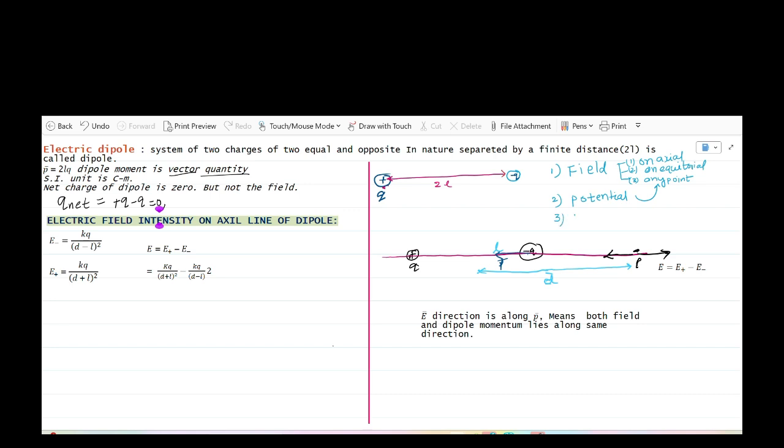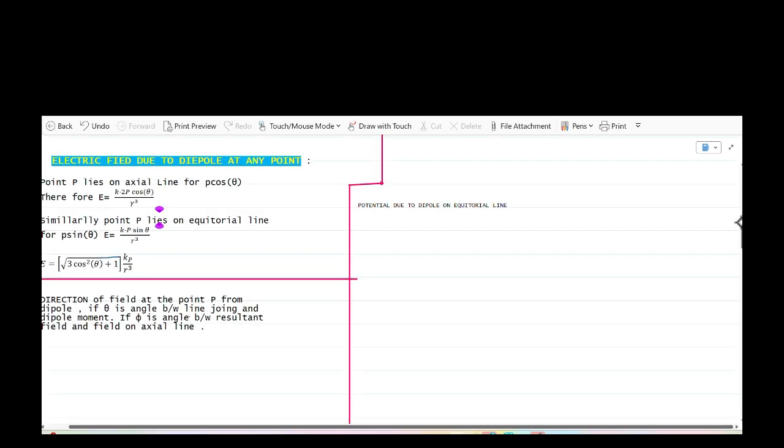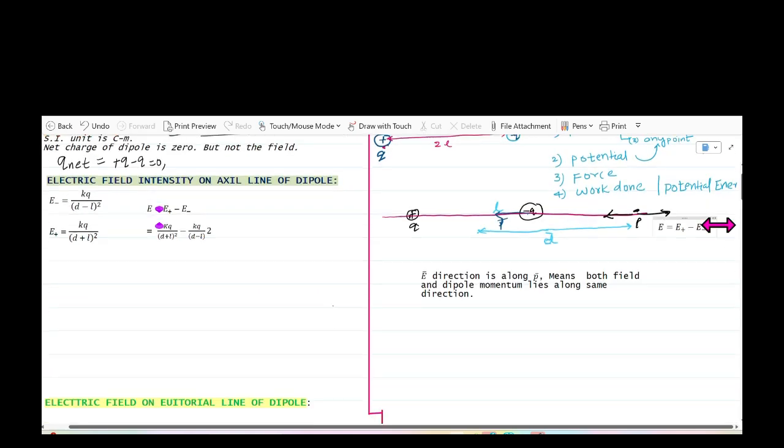The third one is force. The fourth one is work done and potential energy.